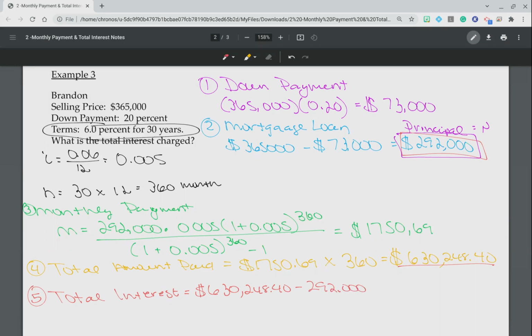And I know it's tempting to use that selling price number up here, but remember, we don't include the down payment in that. We already paid that off. So our total interest paid is $338,248.40.